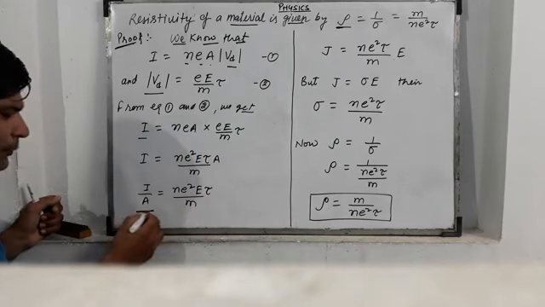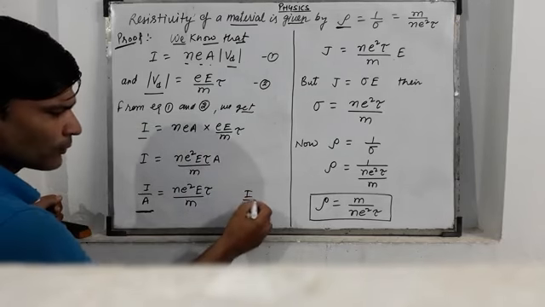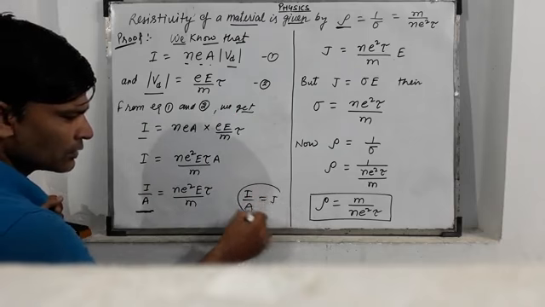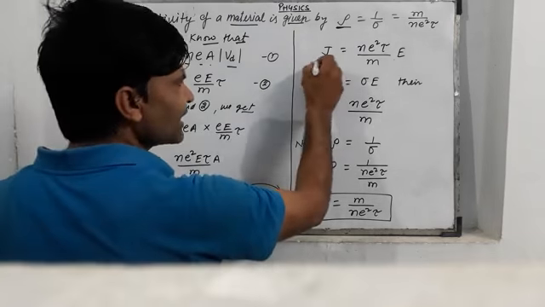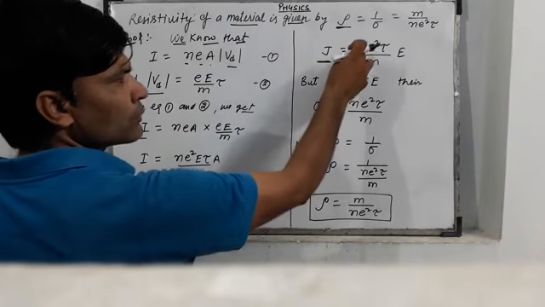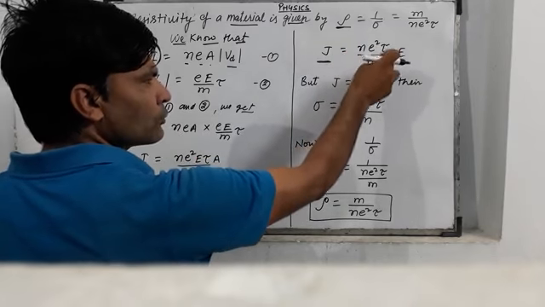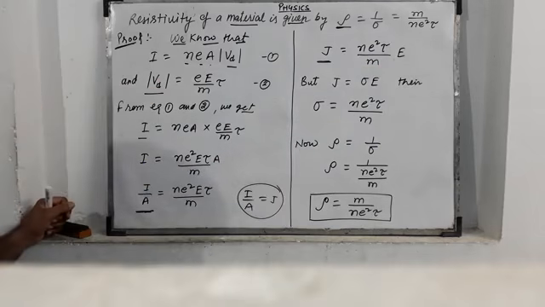But I upon A is equal to J, the current density. So current density J equals n e square tau upon m into E.